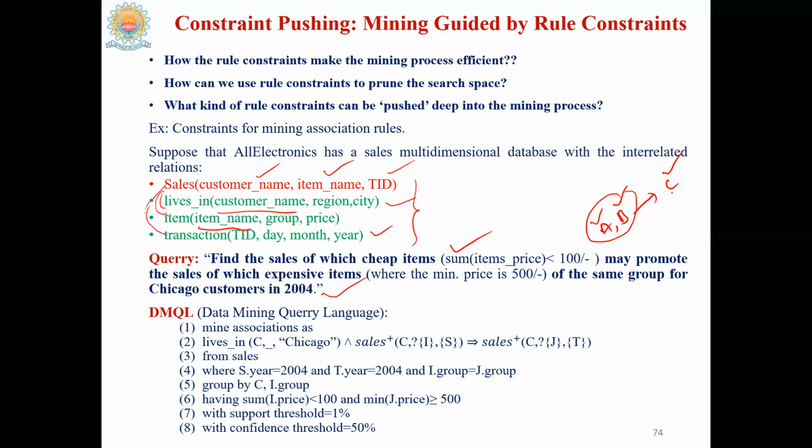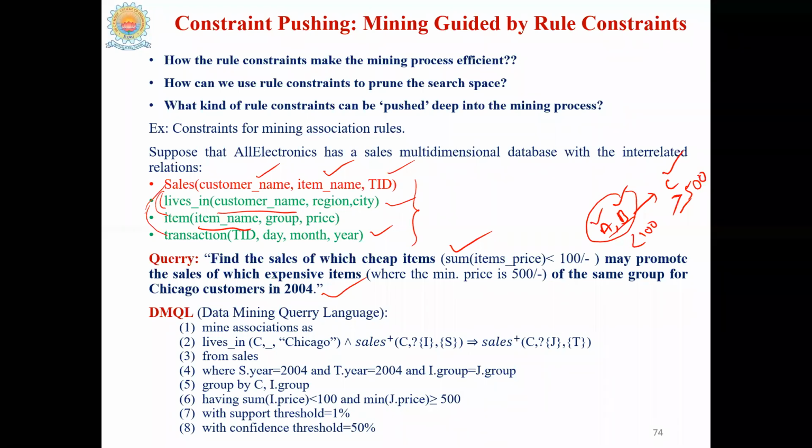The condition is that the sum of the prices of items A and B should be less than 100, and the price of item C should be greater than or equal to 500.